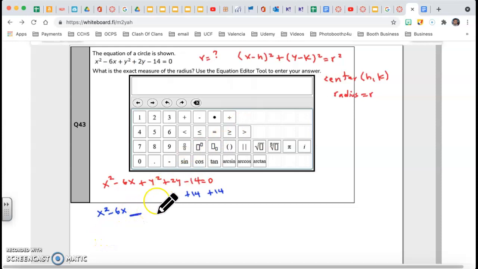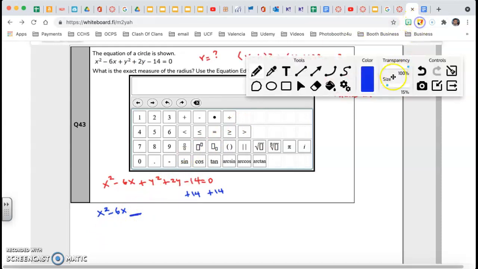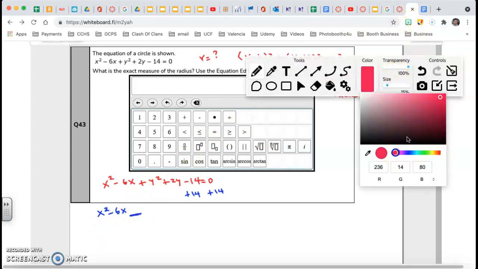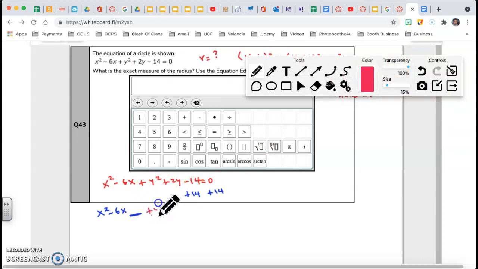Plus y squared plus 2y, blank. Remember, this 14 and this 14 cancel out, equals 0 plus 14, 14. Again, x squared minus 6x, blank, plus y squared plus 2y, blank, equals 14.